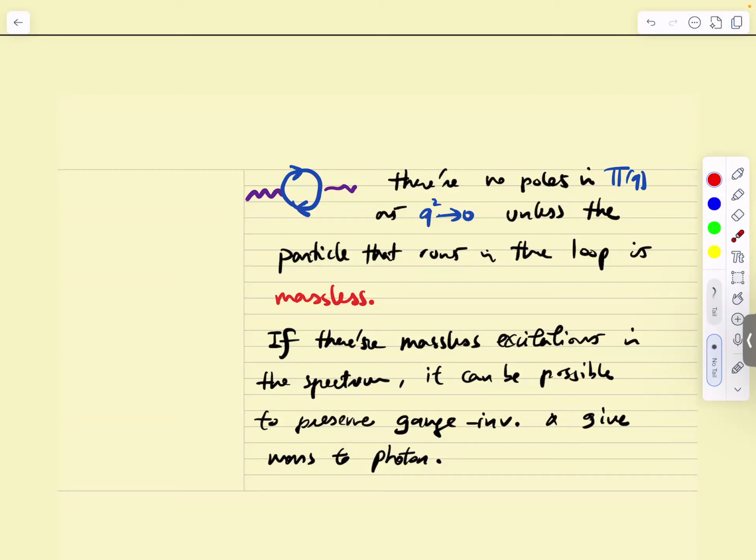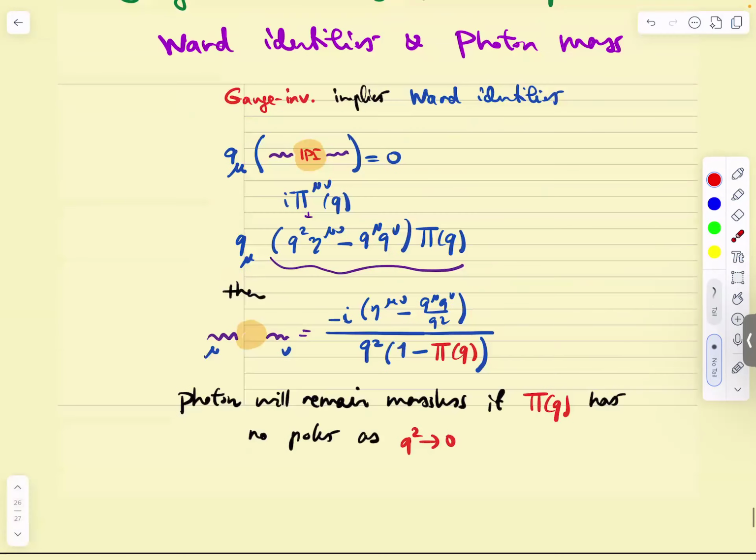That's transverseness. We did the one loop calculation. This is the expression we found. And then we found that this, as q goes to 0, has no poles, which means that the propagator remains massless.